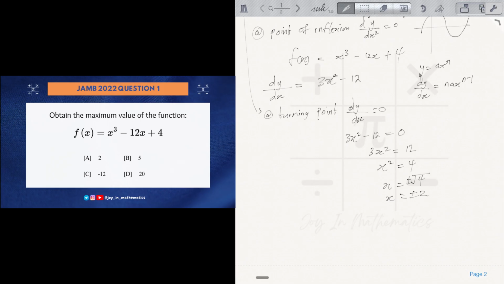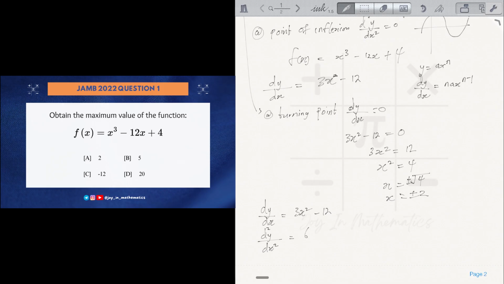So with that done, we know that the value of our dy/dx is 3x squared minus 12. What then is our value of d squared y/dx squared? Therefore d squared y/dx squared here will be equal to 6x.